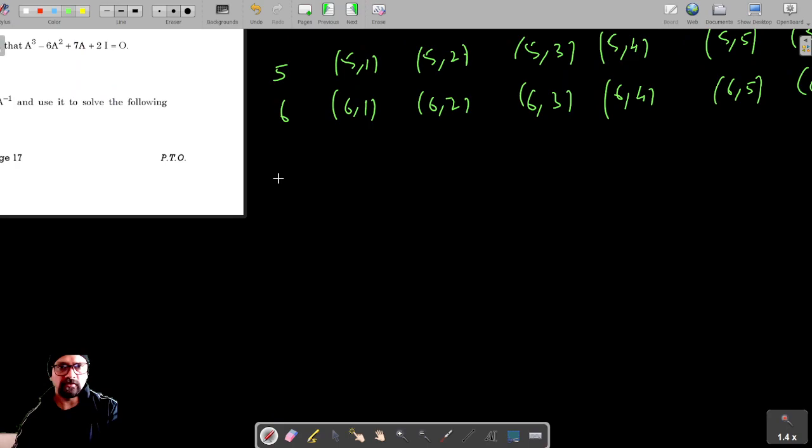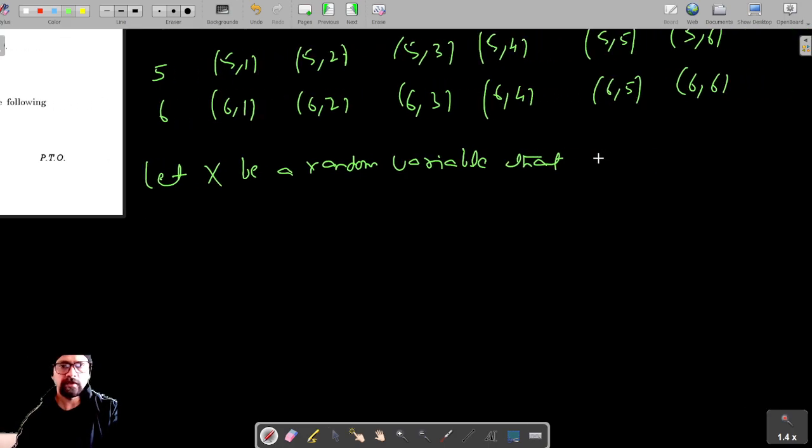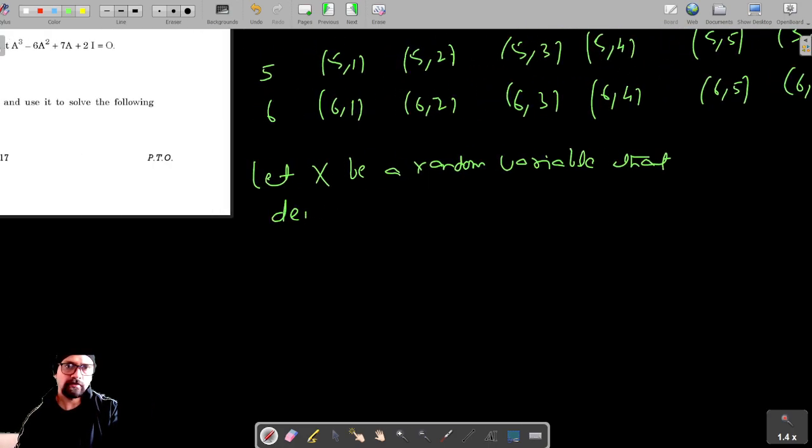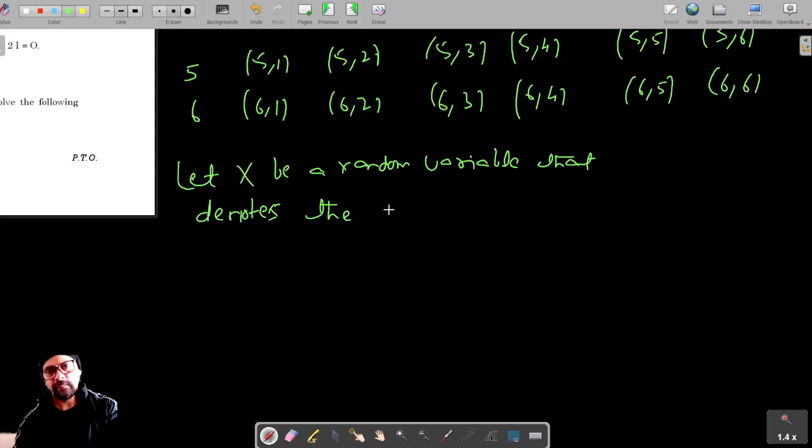So let x be a random variable that denotes the absolute difference.